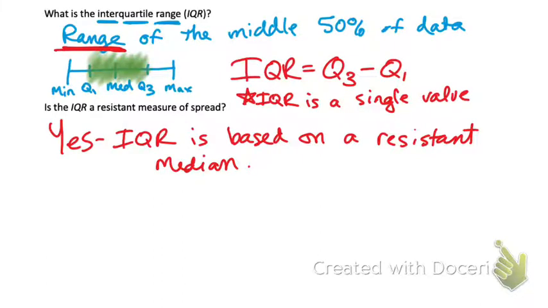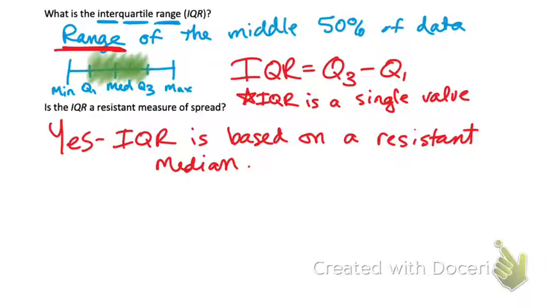Okay, that's all fine and good, but there's actually another reason that we could use to state that it's resistant. Think about resistance. The definition of resistance is that it's not going to react to extreme values. And think about where the IQR is. Does it even take into account anything that's happening out in the extremes? Not even at all. Literally, the IQR cuts off the upper 25% and the lower 25% of the data and says, I don't care about you.